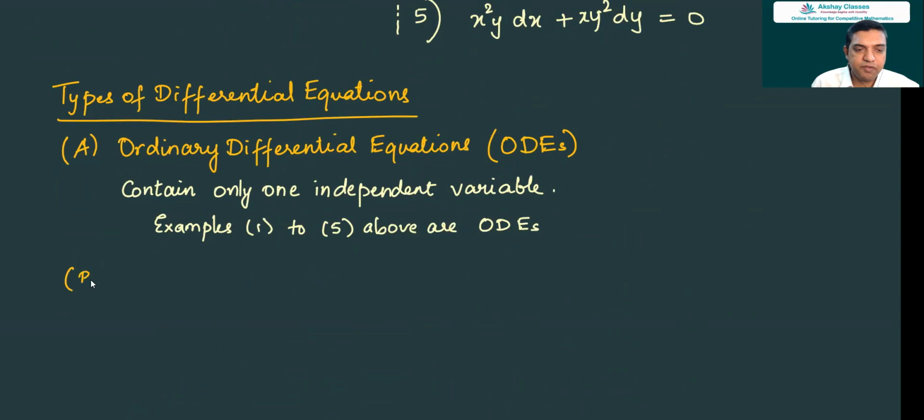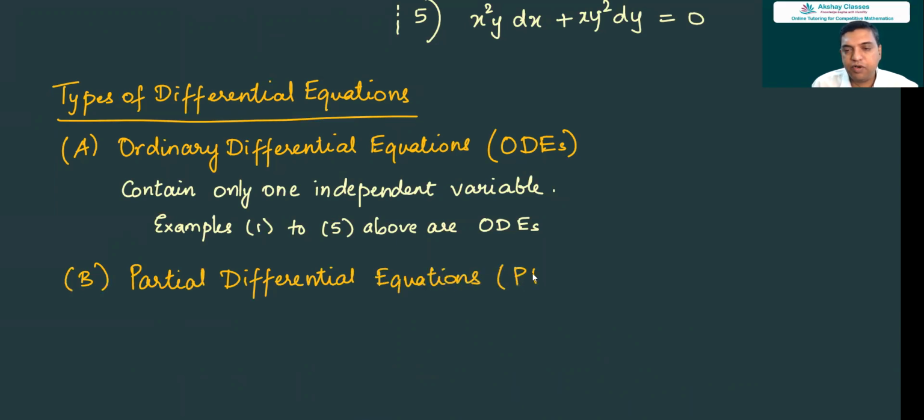And partial differential equation means we have more than one independent variable, and we call these PDEs.